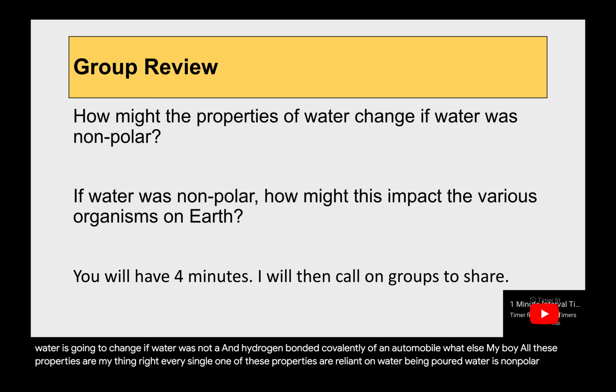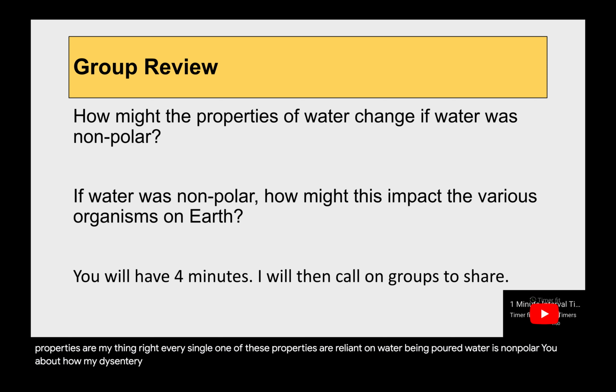So if we're thinking about how this might impact organisms on Earth, we said we might not have trees. Trees need to draw water up through their trunks, and if you don't have trees, you have a lot less oxygen. How else might organisms be impacted?